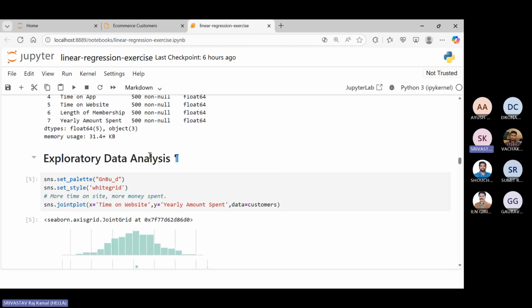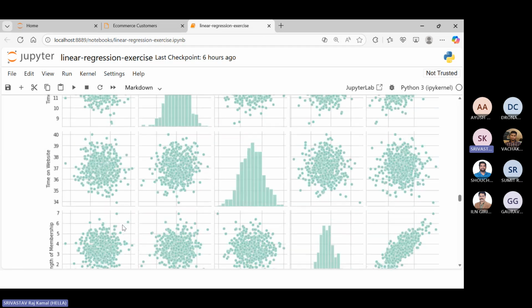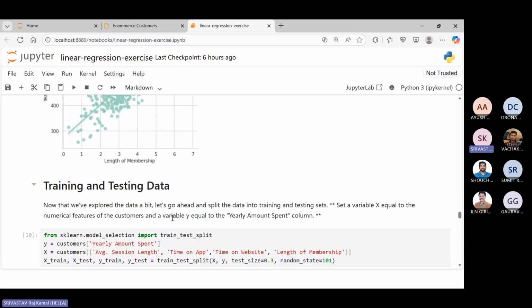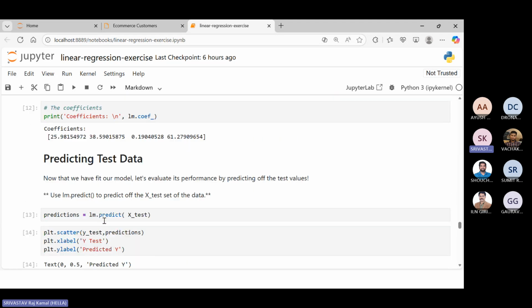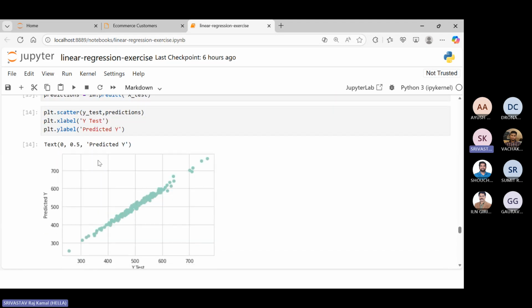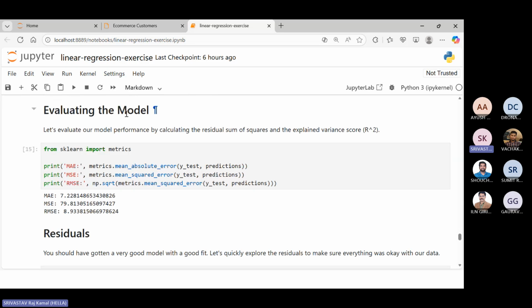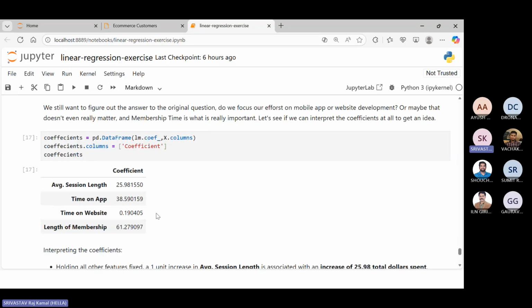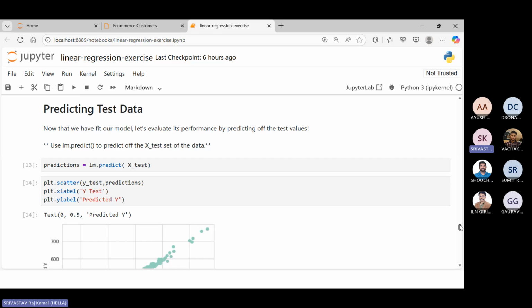We will do some exploratory data analysis to understand how the data looks, then plot some graphs. Then we will split it into train and test, train the model, and predict on the test dataset. Then we will see how the predictions look, and so on and so forth. And then we evaluate how the model works, right? And this way we will conclude what our finding is, right? This one we're going to see in the next class.